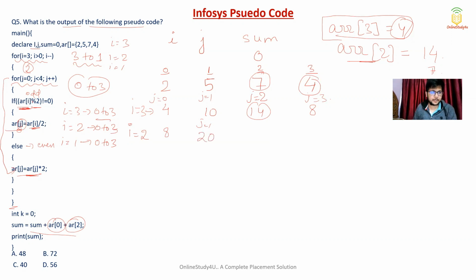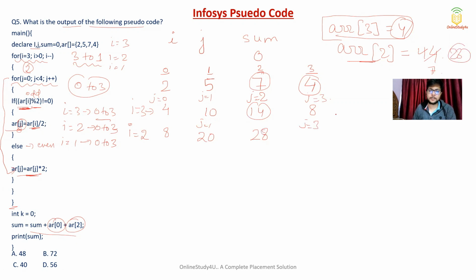It will again check, it is even, so it will again double the value, 28. Now for j equal to 3, it will again check if array of 2 is even or odd. But now array of 2 is not 14, it is 28, right? Because in the previous iteration it was updated.